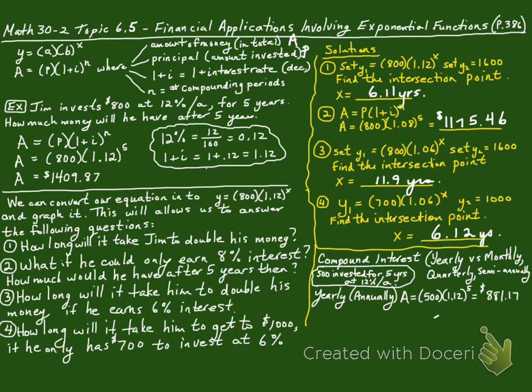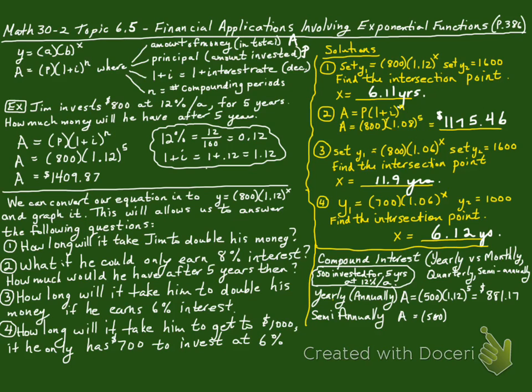And the 1.12 means that you're going to earn 12% interest per year for 5 years, or a total of $881.17.